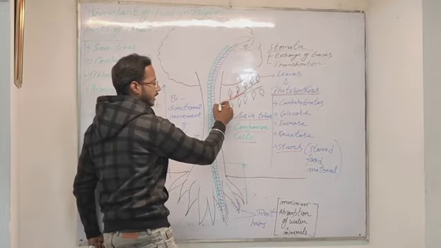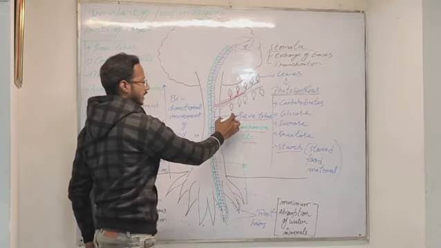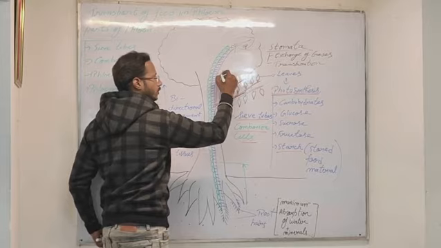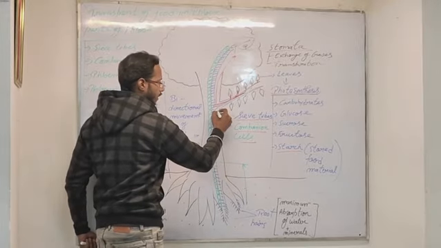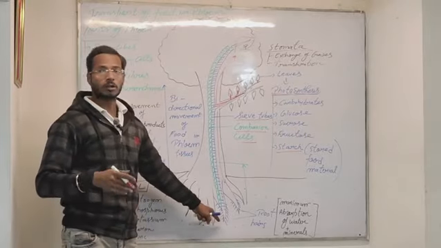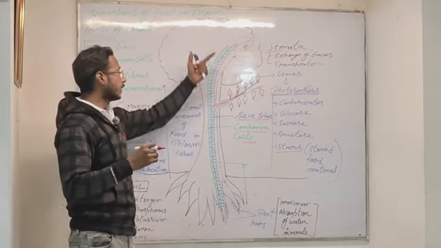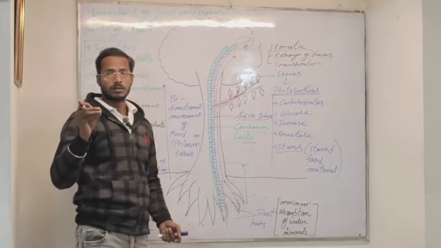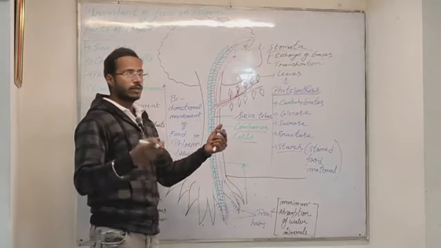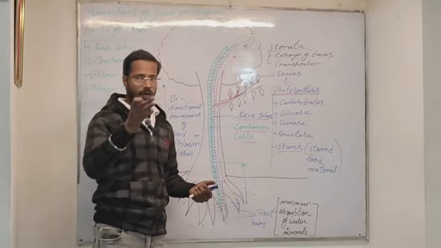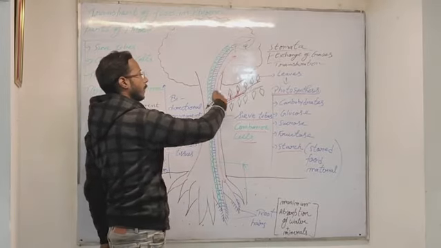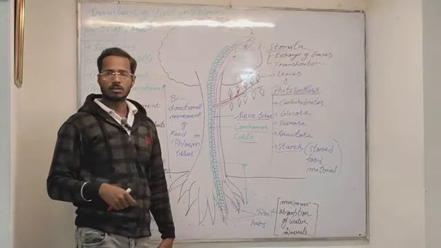The food that is coming here in the main channel of sieve tube and companion cell is moving in upward direction also to the top parts of the plant, and moving in the downward direction also to the root part, the bottom part also, because the whole plant needs food to survive. Otherwise, if the food does not reach a certain part of the plant, that part of the plant will die. So food has to be transported in the upward direction also and in the downward direction also.